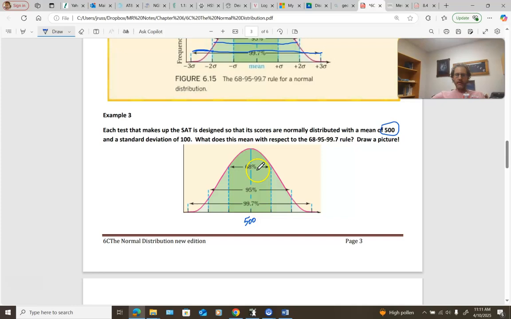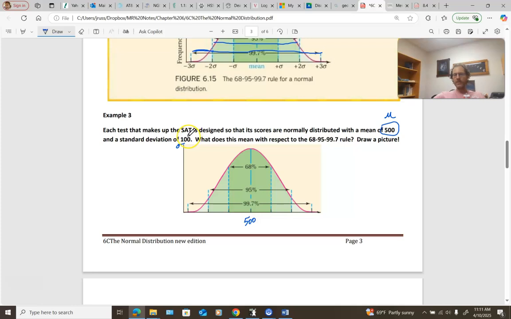Anyway, the mean or the average is 500, and the standard deviation is 100. So with respect to this rule, 68% of all scores are going to be within one standard deviation of the mean.